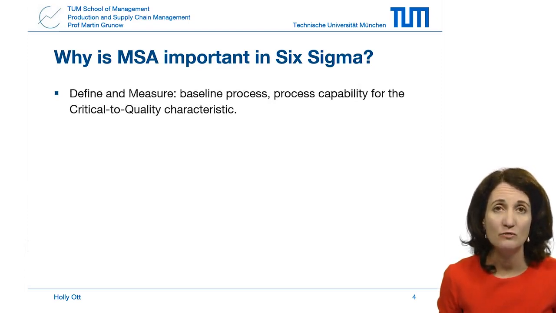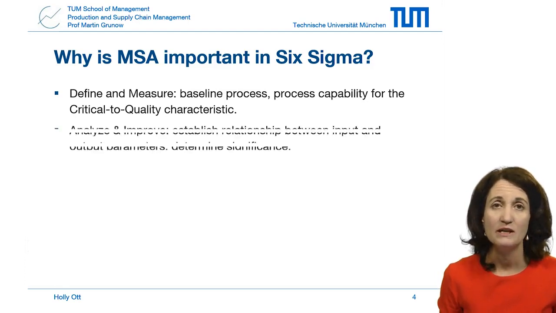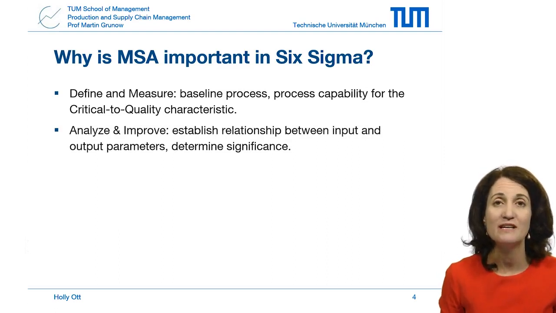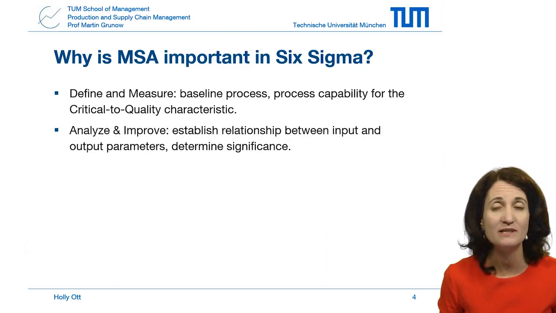In measure, we look at influencing parameters and decide on which data to collect and how, including defining our sampling plan. In analyze, measurements are needed to see if significant relationships exist between two or more parameters, and how process parameters influence the output parameters. We then continue this in improve to see what we can change in our process to improve the results.